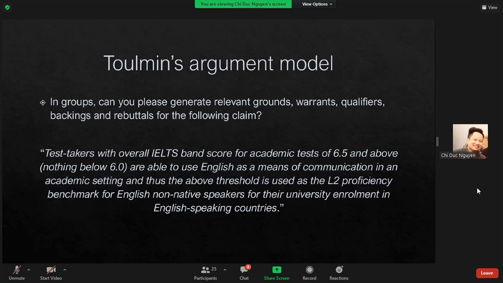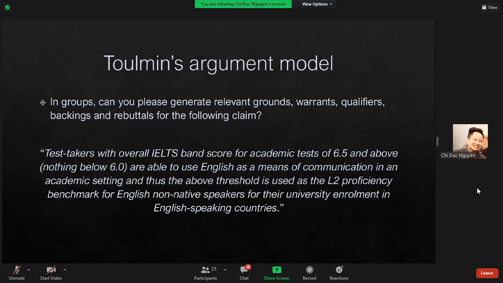But from my point of view, they are not the direct evidence. They are some kind of backing that you may have. So what might be some kind of direct evidence that we need to have here? Can the group identify the direct evidence to show that this claim is well justified?